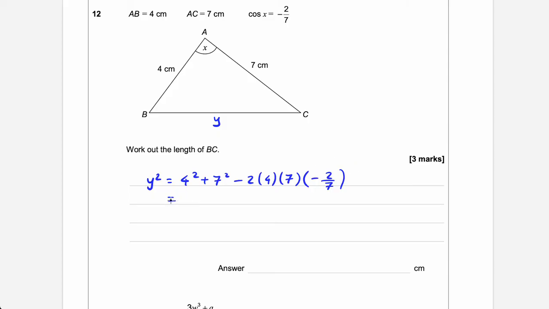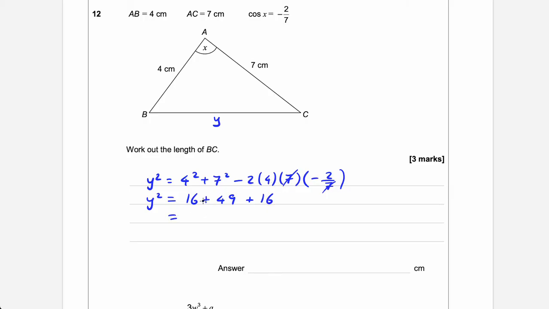Okay, so y squared equals 16 plus 49, minus 2 times 4 times 7 times minus 2 over 7. So this 7 cancels with this 7. And I have minus 2 times 4 is minus 8, times minus 2, minus is plus, so it's going to be plus 16. 8 times 2 is 16.